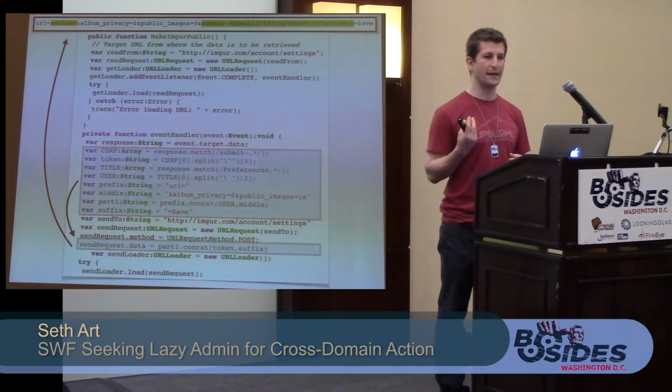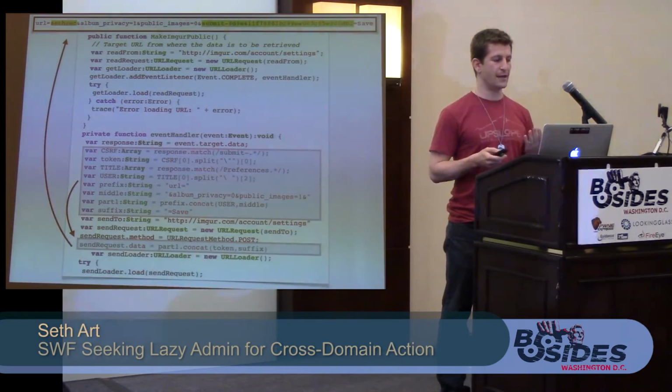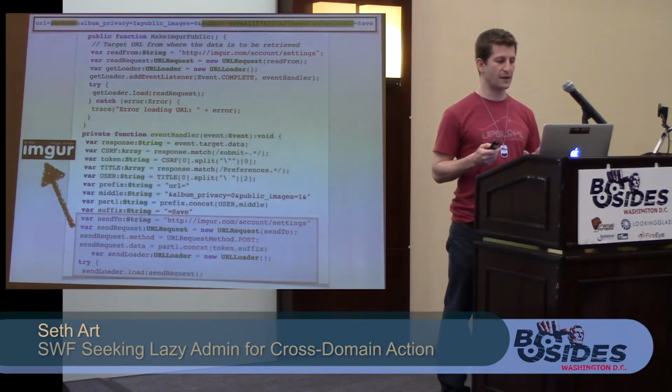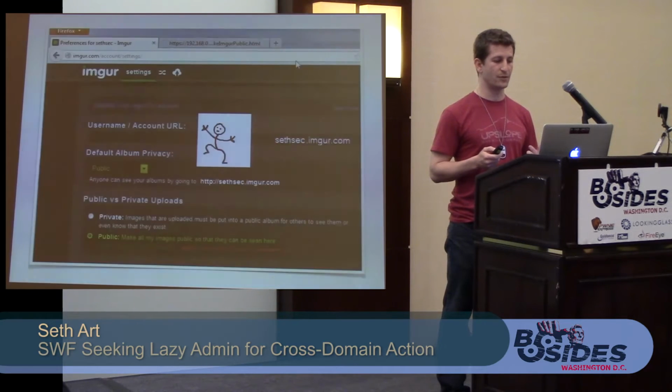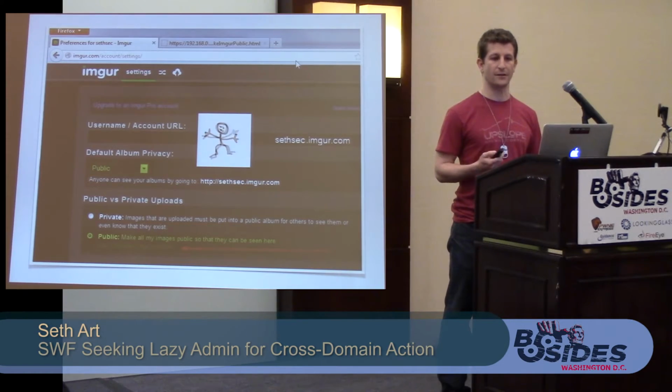Once it has all the dynamic pieces, in yellow, it concatenates them with the static pieces, the make-your-album-privacy-public part up top. It creates that POST request and the victim sends it out to Imager, and now, without knowing, the victim has made all of their images public, and the attacker can now see those pictures.